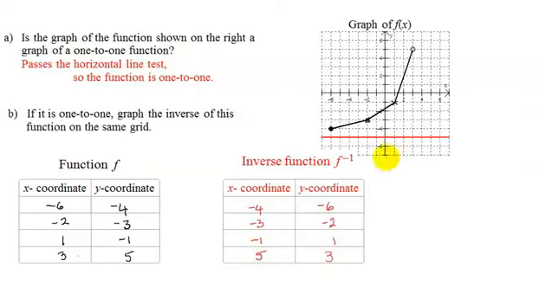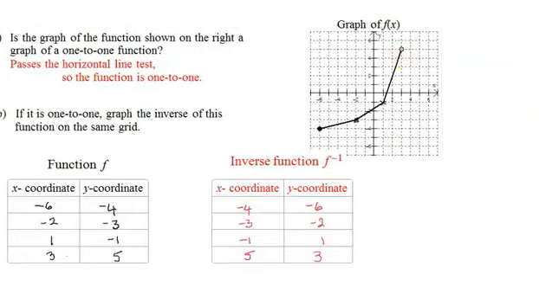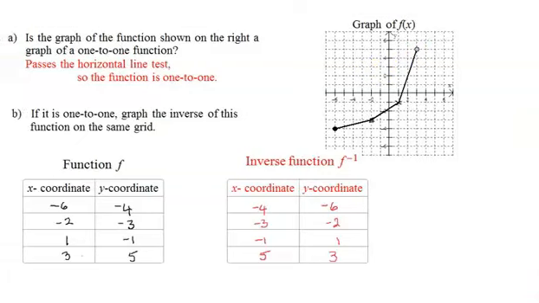Now we need to graph these points, and I forgot to get rid of my horizontal line, so let me get rid of that because that's going to get in the way. And let me get my pen back. Okay. So now I need to graph my points. Let's graph -4, -6.